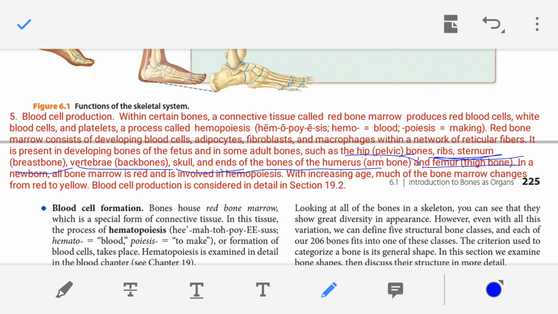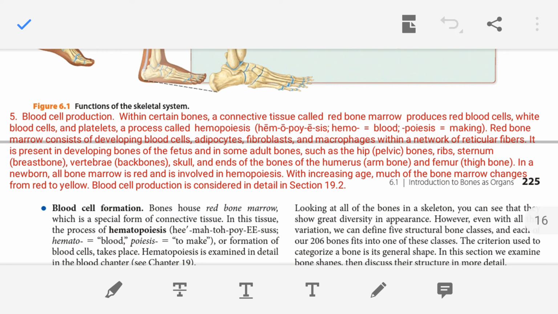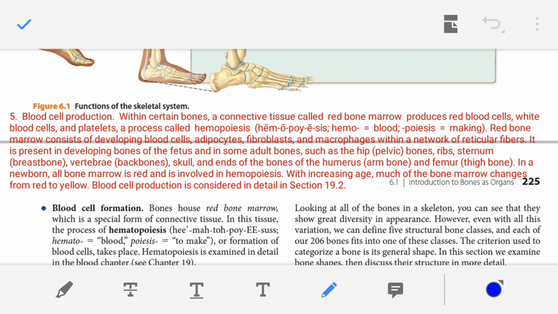In all these bones, this red bone marrow is present. And in a newborn baby, all bone marrow is red, and this red bone marrow in the newborn is involved in hemopoiesis. That means it is involved in the formation of blood cells.